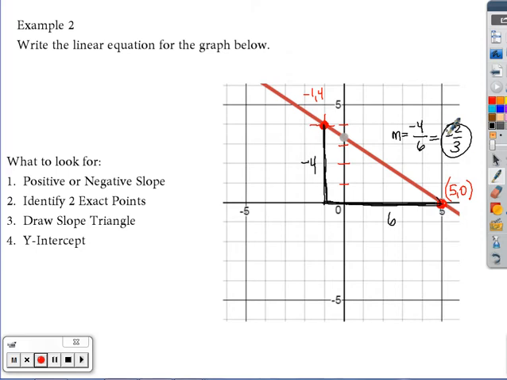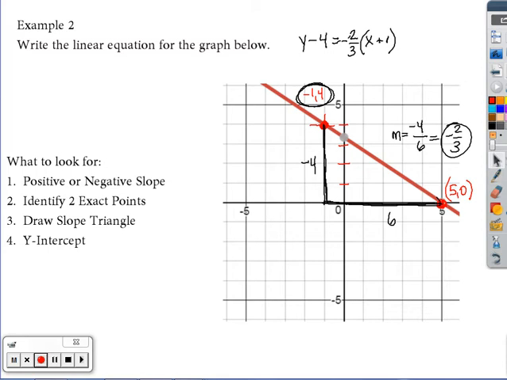And then I'm going to choose a point, such as this one, to write my point-slope form. Now, if I choose a different point, my equation would look different, but Mr. Warner will still give me credit. Y minus 4 is going to equal -2/3 times x minus -1, which is +1. That will be the point-slope form of my line.